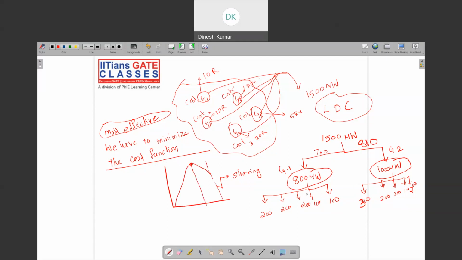That means it is not so judicious to shut down one and use all others to their maximum, because that will be less effective, the efficiency will be less here. So we have to distribute the load between these 5 in such a way that almost all the generators are near to their maximum.